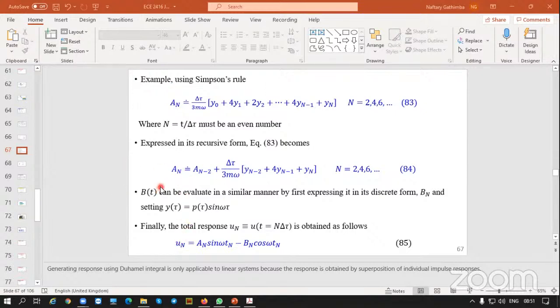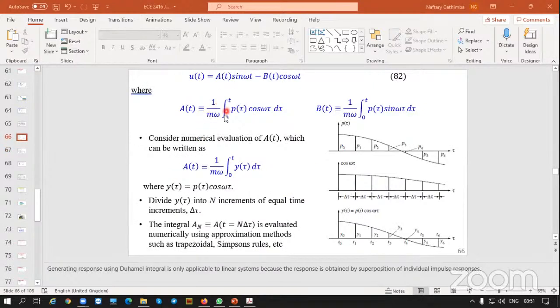Remember BN is an approximation of BT, the continuous function BT. These are condensed formats of the Duhamel's integral. I have found another book with another pronunciation, Duhamel's integral, so however you choose to pronounce that is not a big issue.